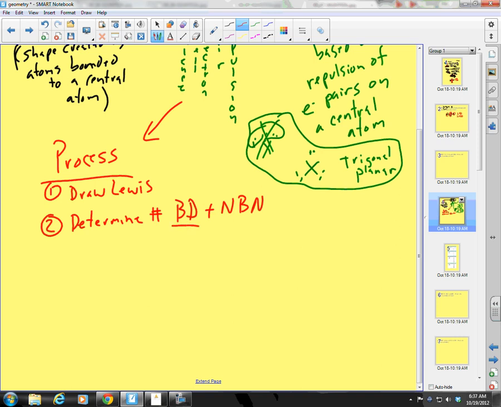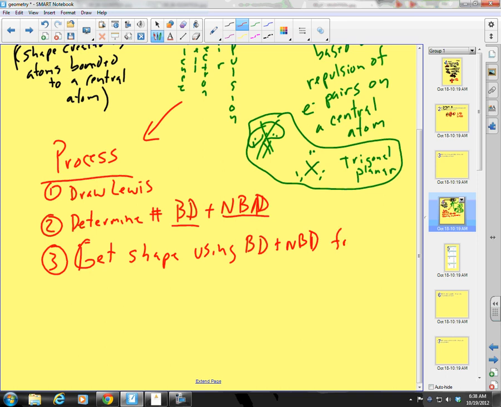Right, bonding domains and non-bonding domains are critical for us, because then we get the shape, using bonding domains and non-bonding domains, from a chart.